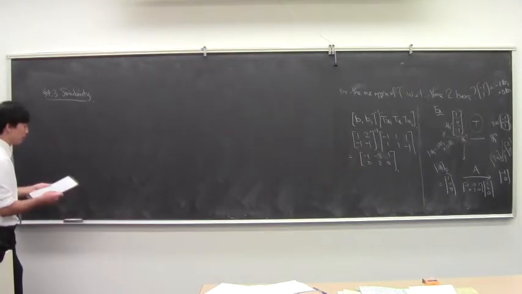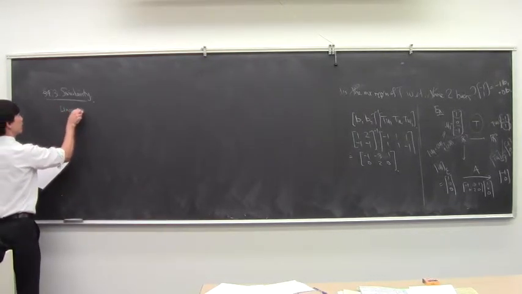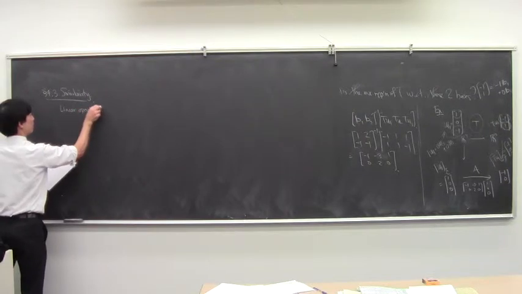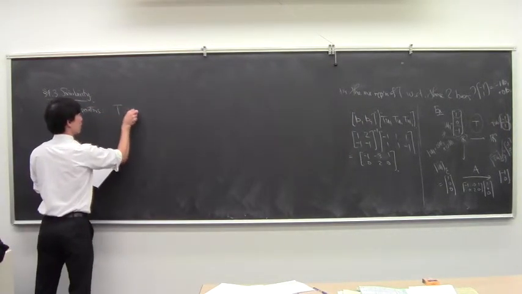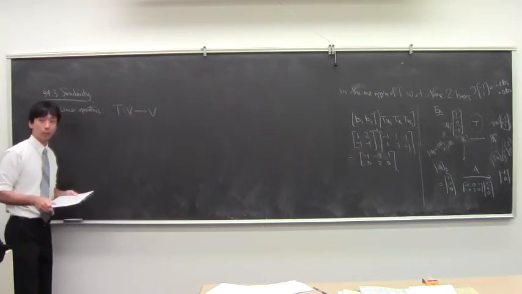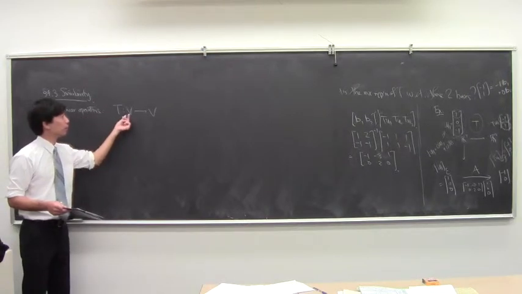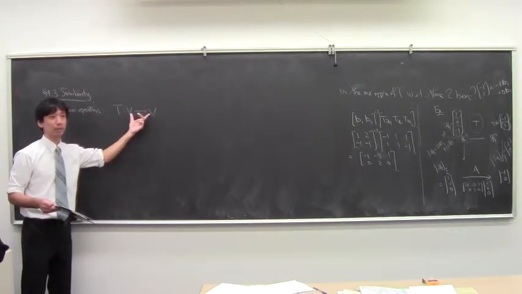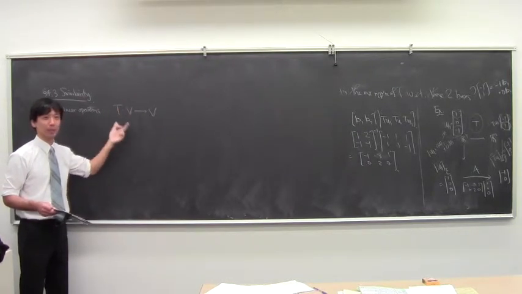Okay. So in this section, we're going to be dealing with linear operators. The author makes this distinction between linear transformations and linear operators, saying that linear operators go from the same vector space to the same vector space. To me, this is still a linear transformation. I think most people would still call this a linear transformation.